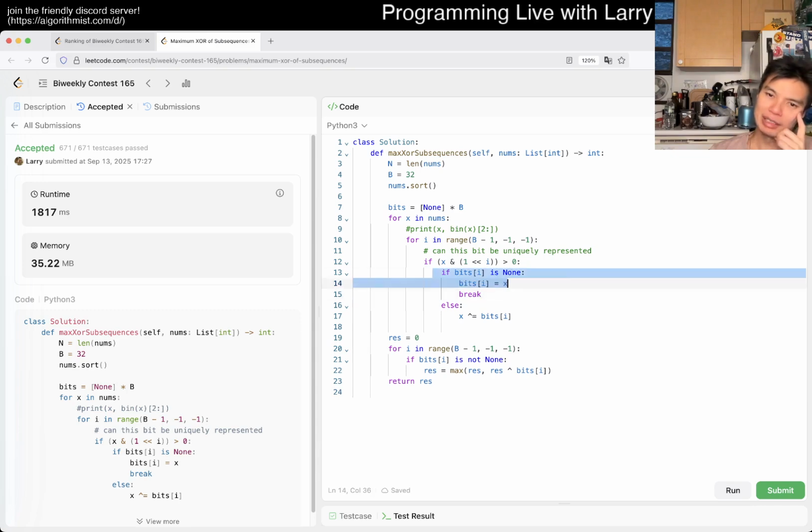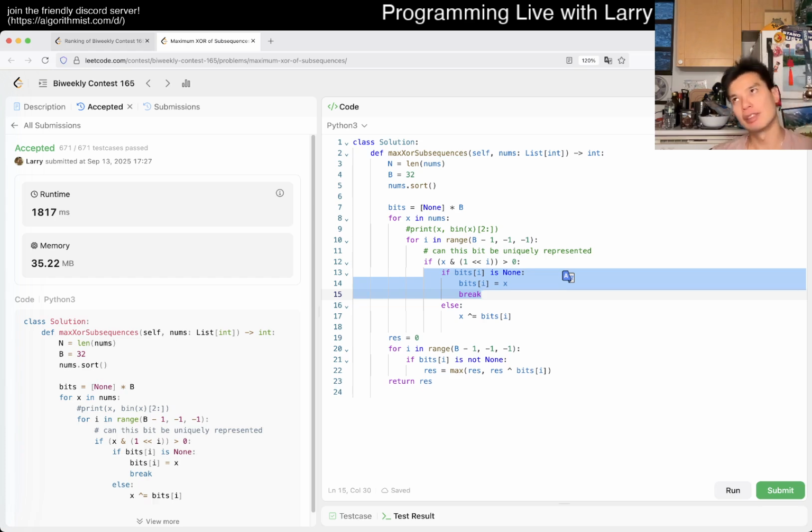If that's the case, then the future numbers that are not this would get an XOR that we would use as a basis later on. So then the combination of them would still be the max. This assumes that the rest of the bits uniquely determine a dimension.